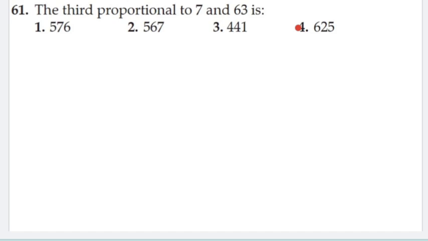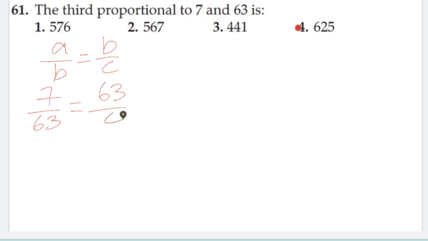So the proportion means if three numbers are in proportion, that means A by B is equal to B by C. So in this same format, if we write the given numbers, that is 7 divided by 63 is equal to 63 divided by C.